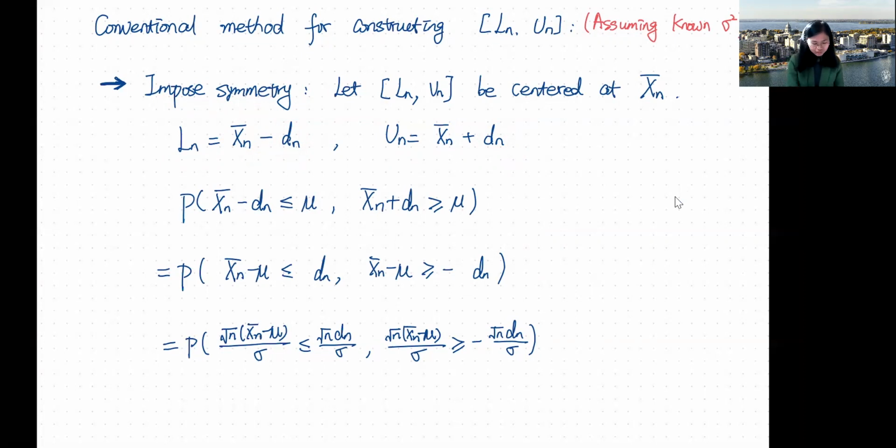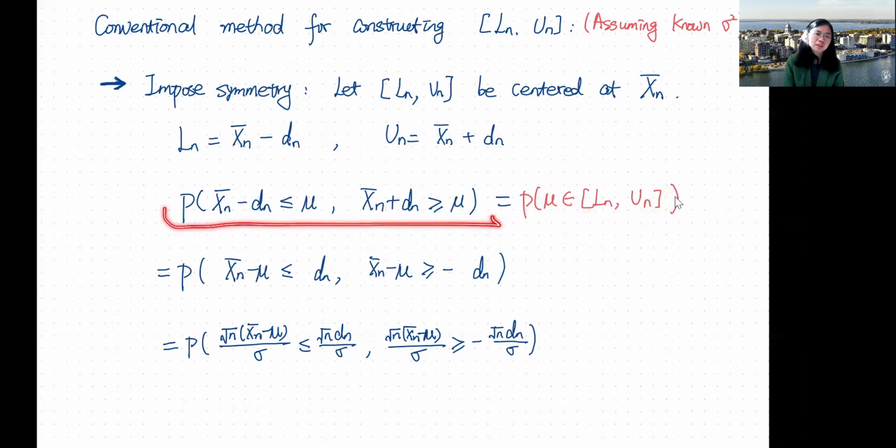So how do we do that? We start with the coverage probability itself. On the previous page, we demonstrated that this is the probability that mu belongs to the interval from Ln to Un. This event indicates coverage: the interval covering the true value.